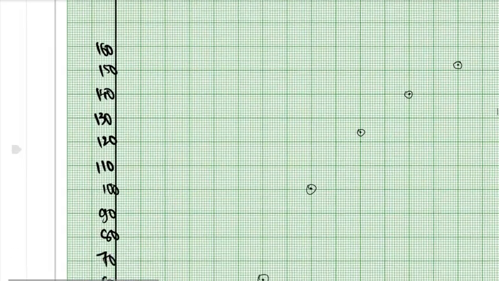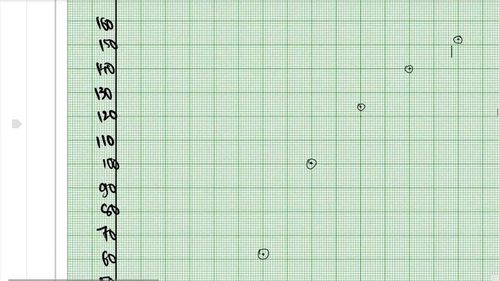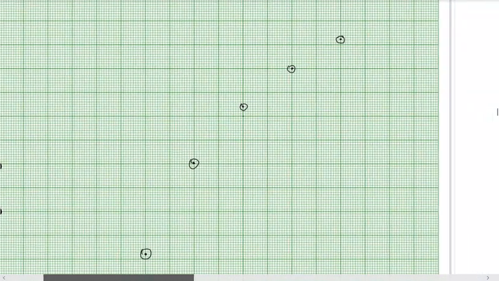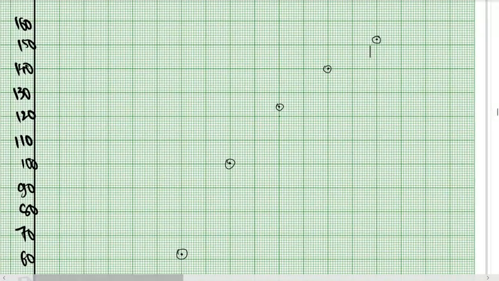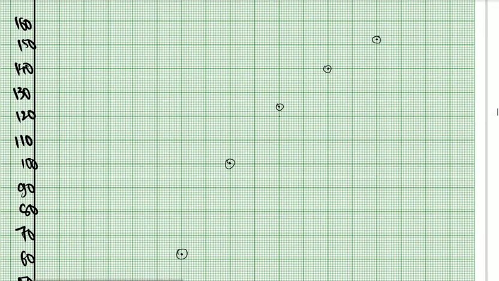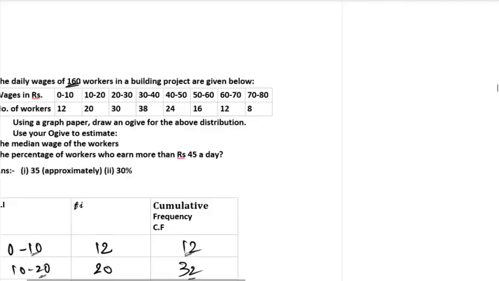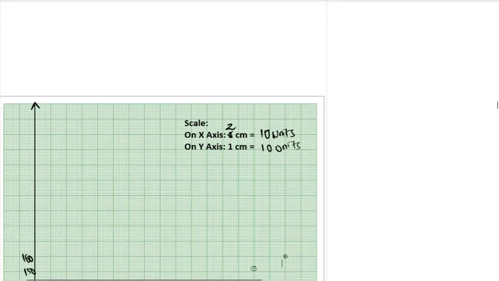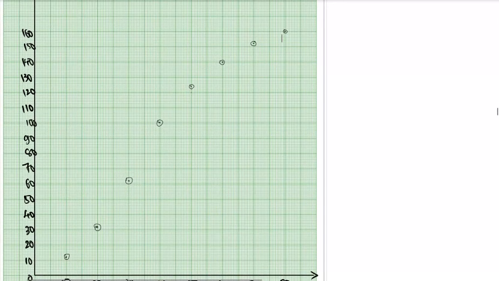Great. So I have to just shift. 80 is over here and this is 160. Okay, great. So I have plotted everything. Let's zoom out a bit and see how it looks. Cool, it looks very nice. So these are all your points.